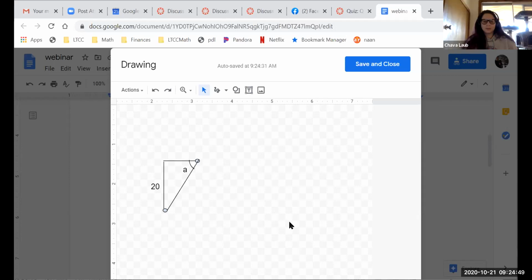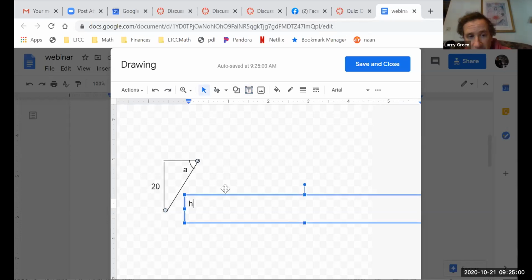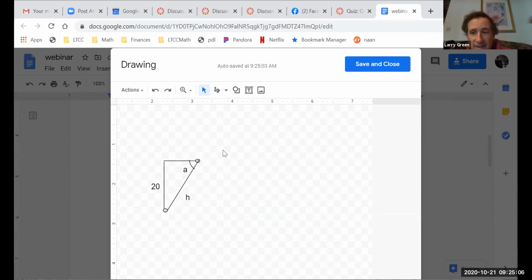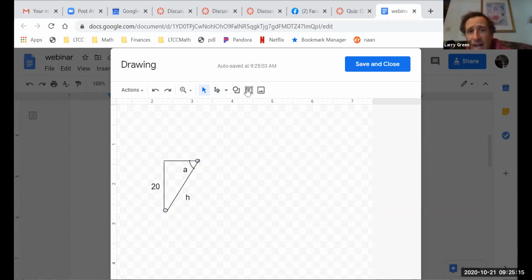The distance between the bird and you. Okay, good. The distance between the bird and me. And maybe I'll call that H for hypotenuse. Sound good? And what else is changing? The horizontal distance. Yeah, horizontal distance. I'm going to call that X because X is usually what you use for horizontal, right?